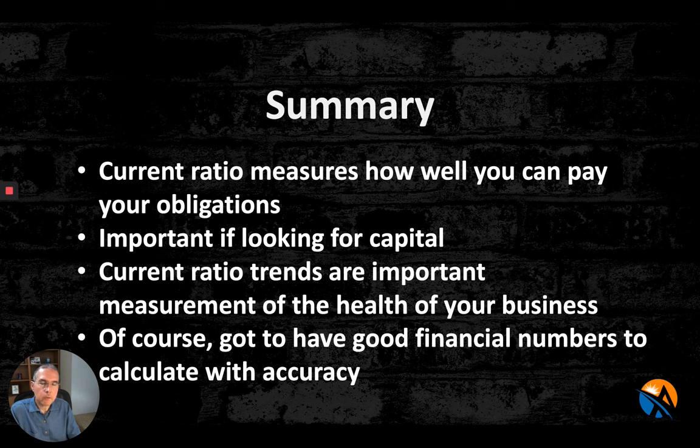And the same goes for the current asset side. You want to record receivables when you deliver the product or service, and that way you can match your income and your expenses. It's pretty important for the current ratio to get that right, because we talked about what current assets and current liabilities are, so you want to make sure that you measure those accurately.